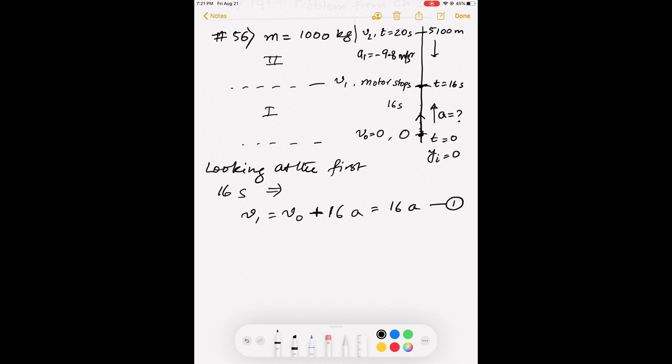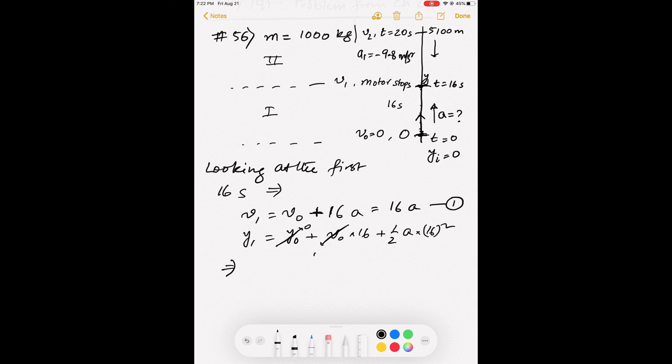If we take the distance or displacement, the position formula, we can call this y1. So y1 equals y0, which is basically here, and that's also 0, plus v0 times 16 plus half times a times 16 squared.